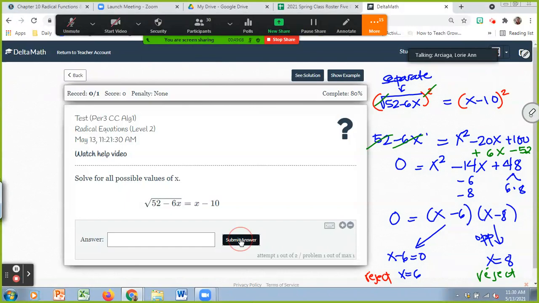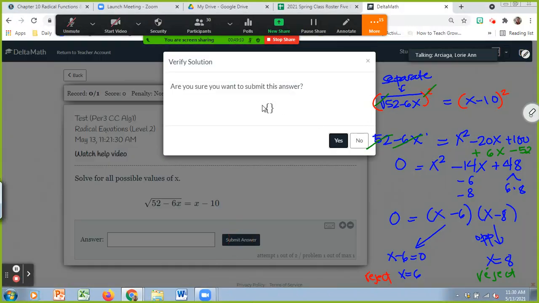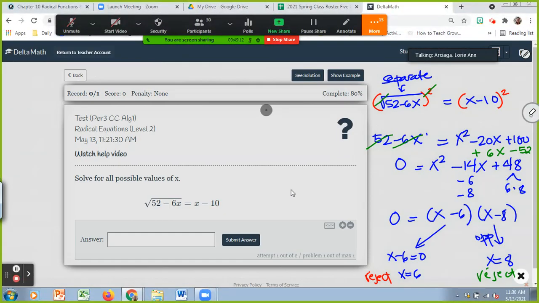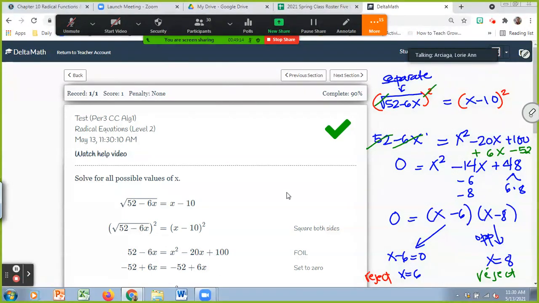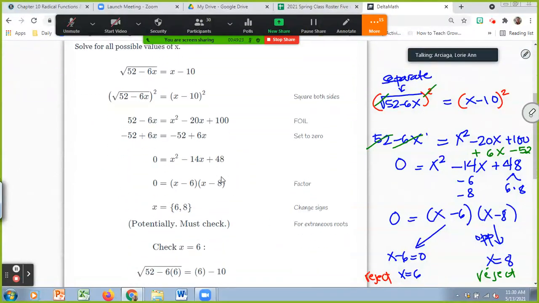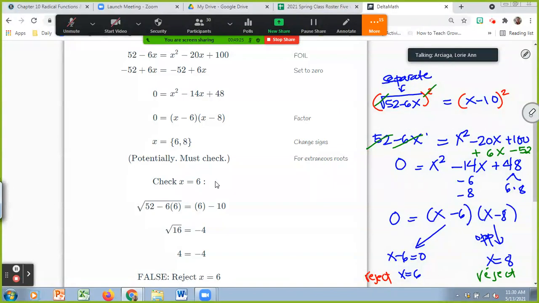So just submit your answer. Don't write anything on it. Click yes, and you will get it right. So what's the reason for that? It's because we solved for it, but it turned out that both of the answers that we got make the equation false. Yep. So when you get two answers like this, you have to check them.